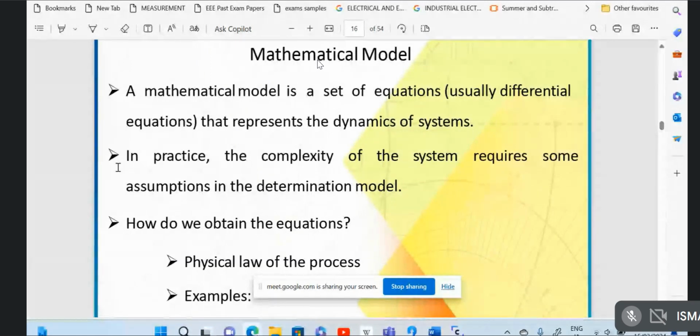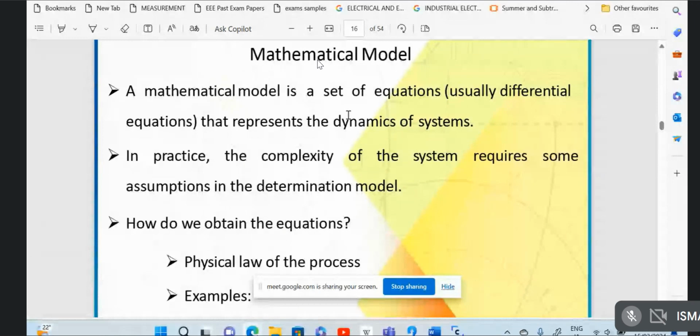You have to assume there are certain effects. I can just explain as you listen to me. Some systems are linear and some are not linear.